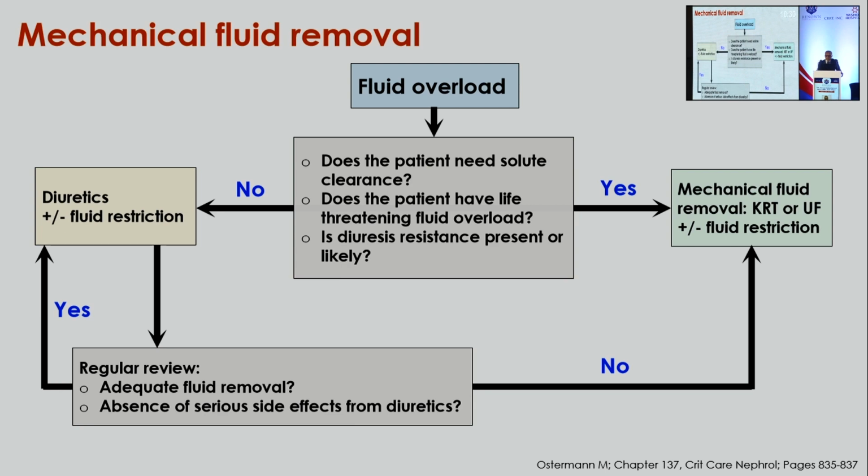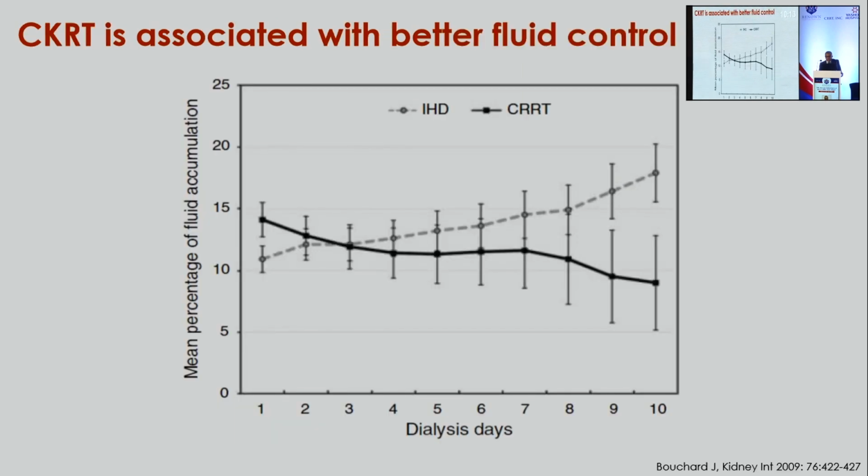Based on the clinical situation of the patient and their response to diuretics, we would make the decision of whether we are going to persist with pharmacological therapy or bring in mechanical fluid removal by various methods. Now, we are going to stress more on the role of CKRT and net ultrafiltration in CKRT.